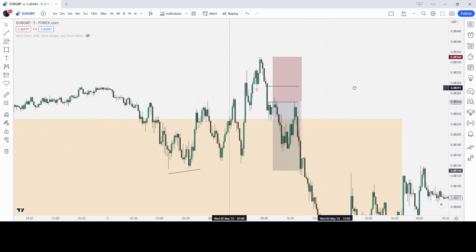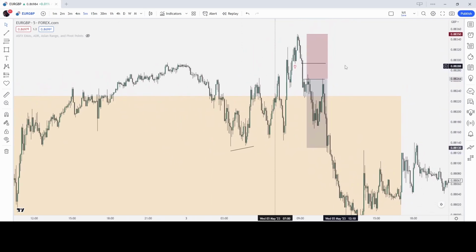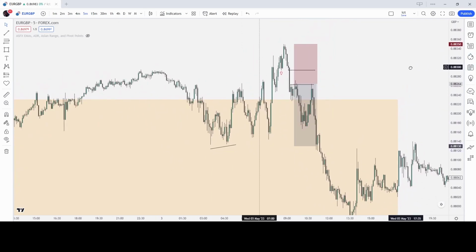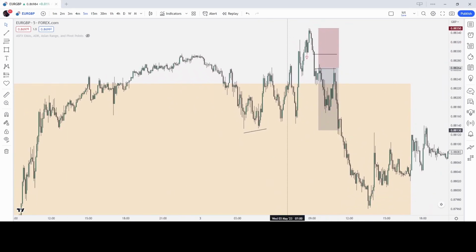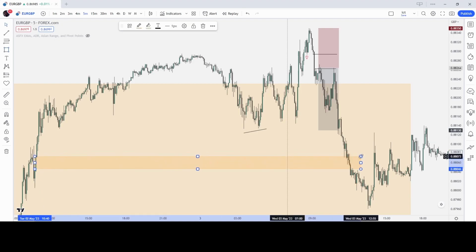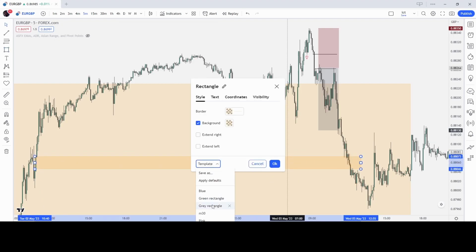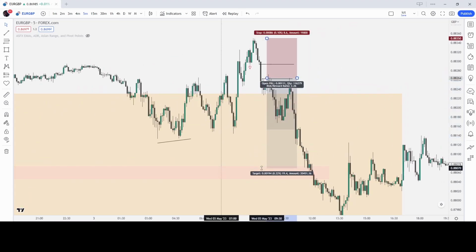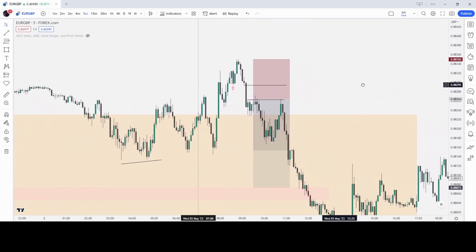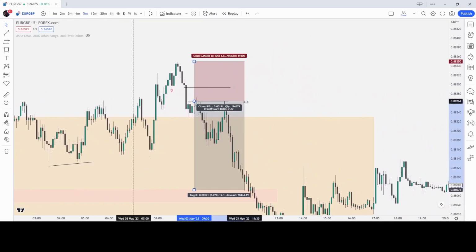We're not really aiming for anything crazy on these. I don't try aim for anything much more than 3R, but you could have easily gone for this discount FVG here as a target. That would have been a good target. A nice 1 to 2. You can't complain about that.